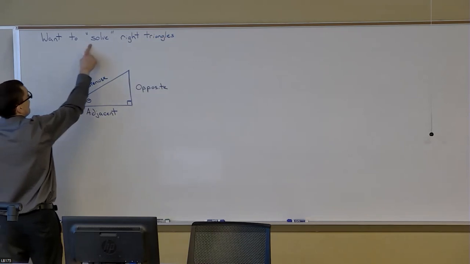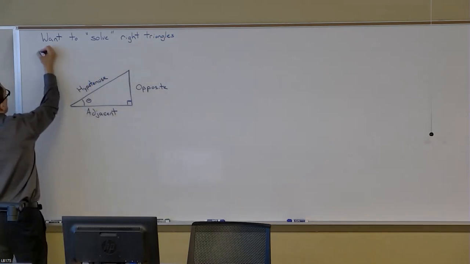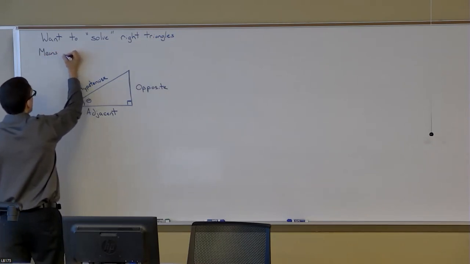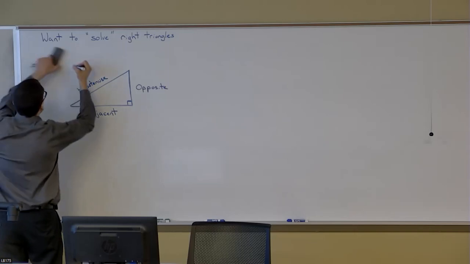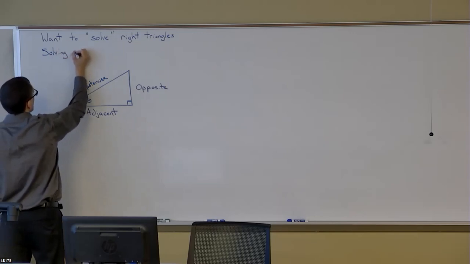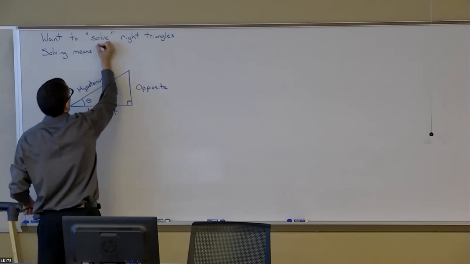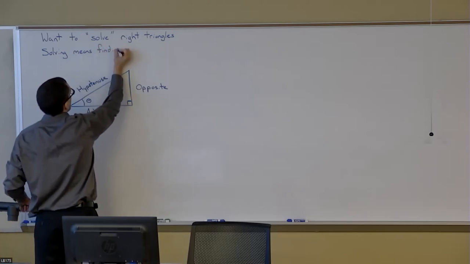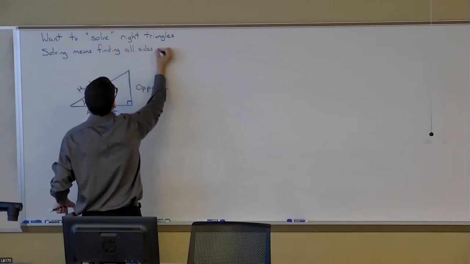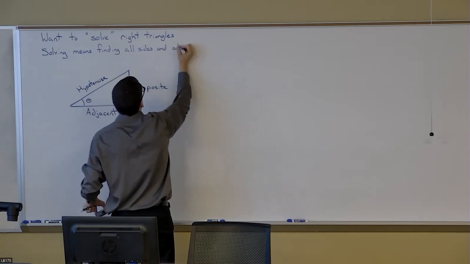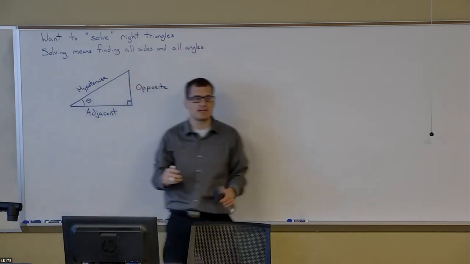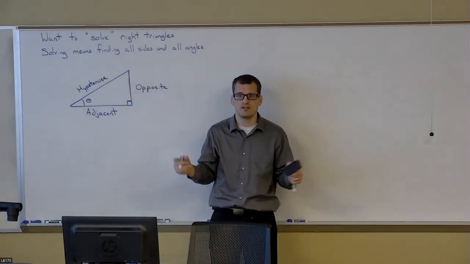So when we say solve right triangles, basically that means, let me rewrite that, solving means finding all of the sides and all of the angles. By finding all the sides, I mean finding the length of all the sides and finding the measurement of all the angles.